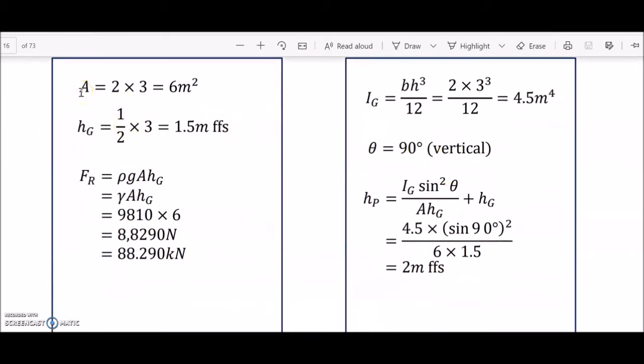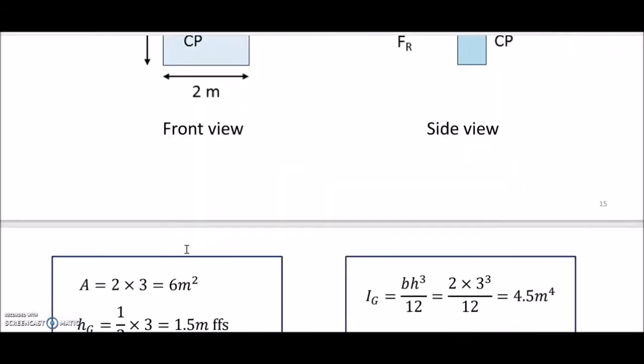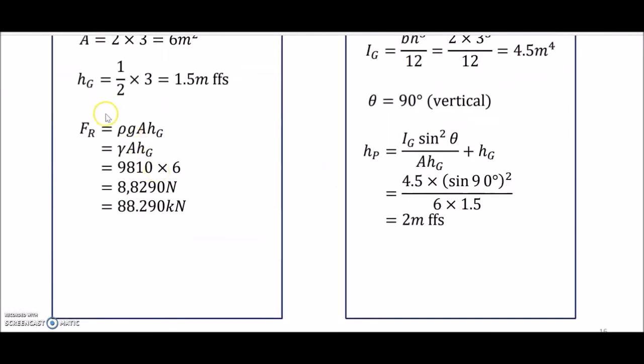We have area equal to 2 times 3 equal to 6 meters squared. Therefore, the height of gravity is half of the depth, 1 over 2 times 3, which is 1.5 meters. So to calculate the force, it is equal to rho g h times area.